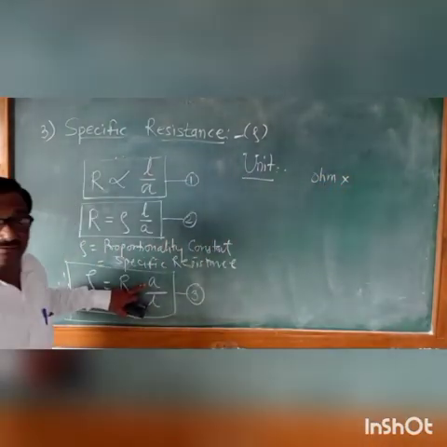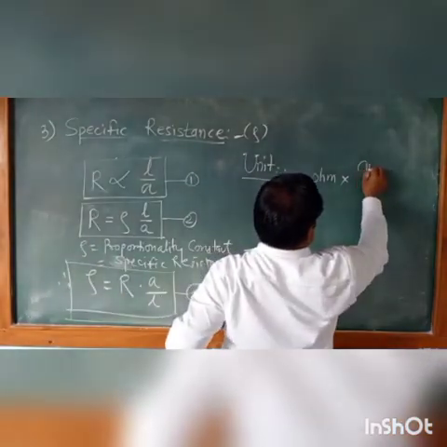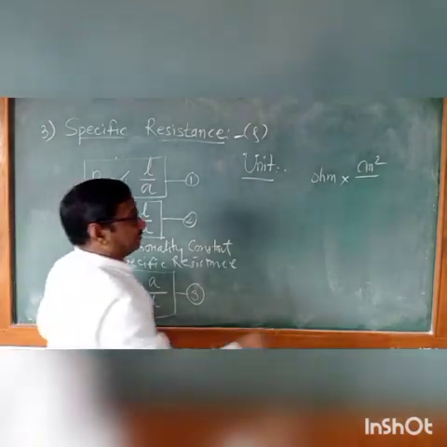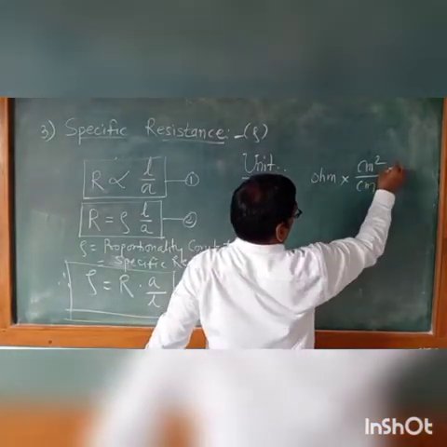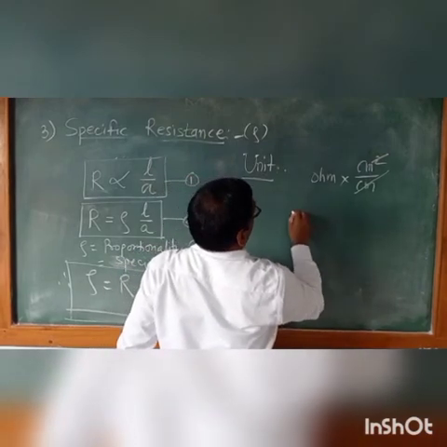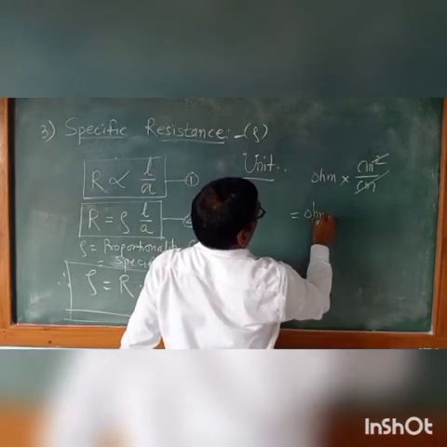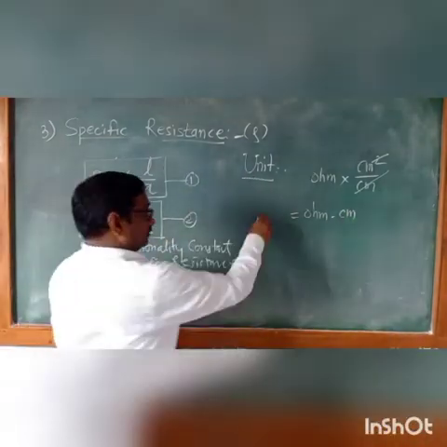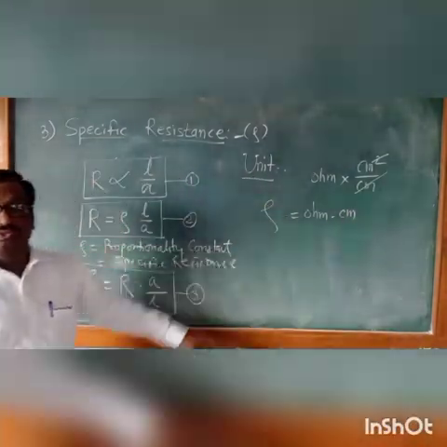Area is measured in centimeter square. And length L is measured in centimeter. So this centimeter will get cancelled with this centimeter, and the unit is ohm centimeter. This is the unit for rho, specific resistance.